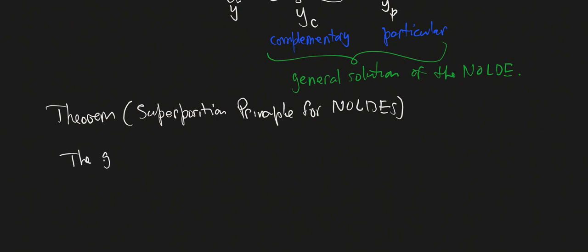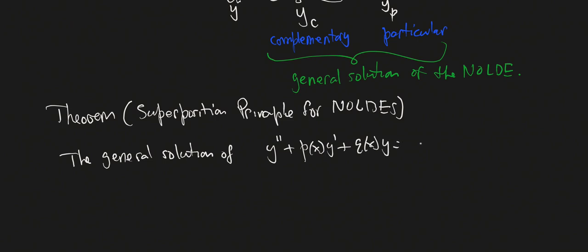So the general solution of y double prime plus p of x y prime plus q of x y equals, let's say we have f of x, is given by y equals, and this is why I just switched back to little y, because our differential equation now is using little y as our dependent variable.